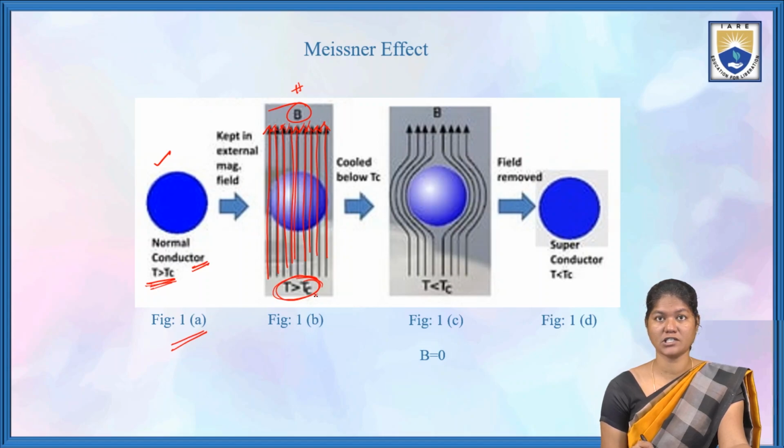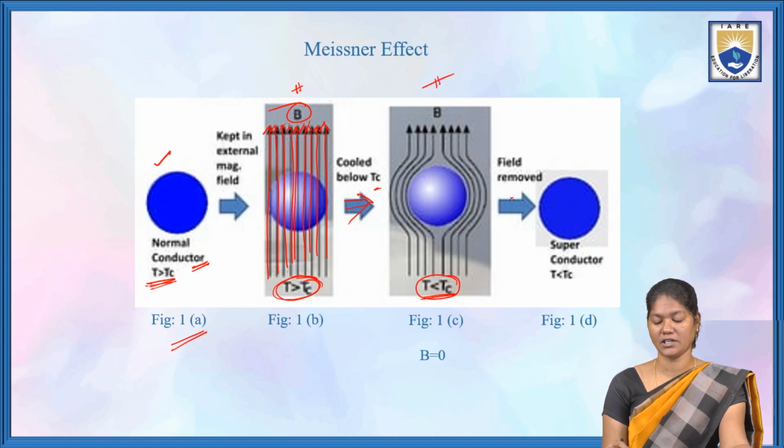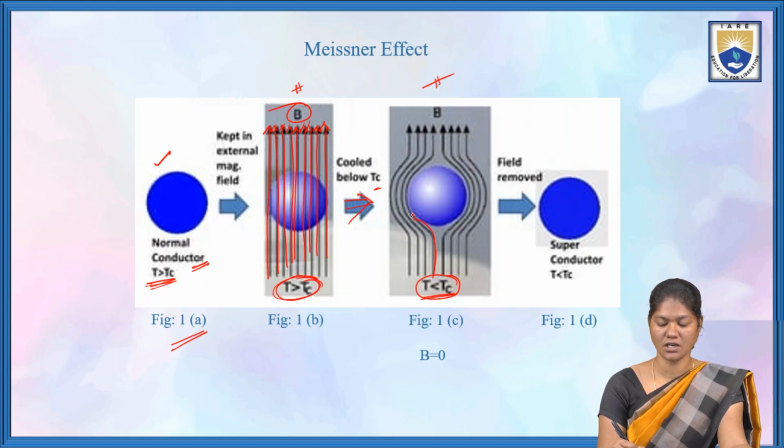At temperature T greater than the critical temperature, when it is cooled below the critical temperature, so that T is less than Tc, applying some magnetic field, this conductor does not allow the magnetic lines to pass through it.